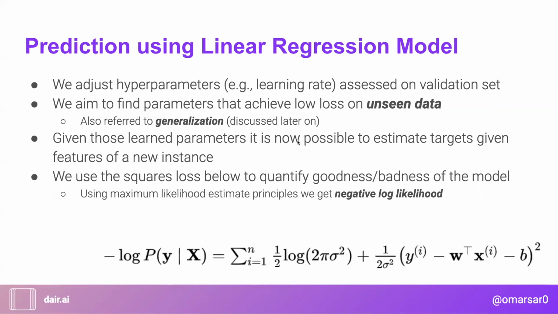But of course, the learning rate is a hyperparameter. There are more hyperparameters which we'll discuss. The most important point is that if you look into the book, it explains a little bit about the maximum likelihood estimate principles and how we use those principles to get to something called the negative log likelihood, which is our loss function.